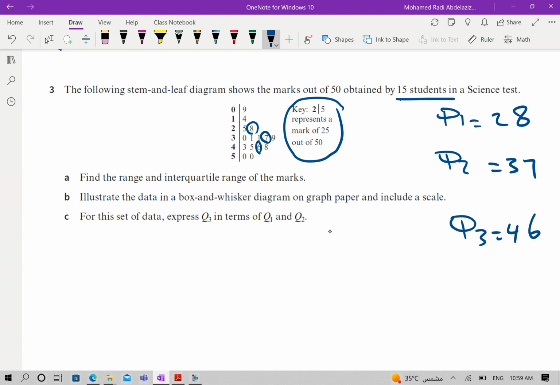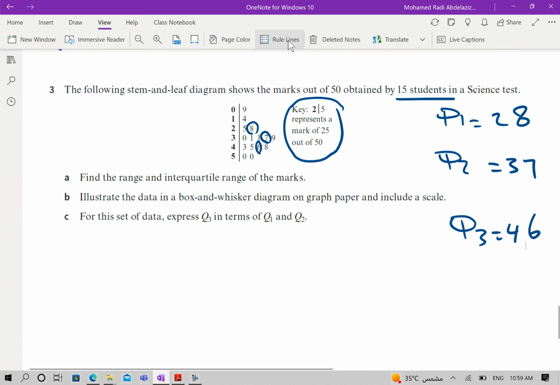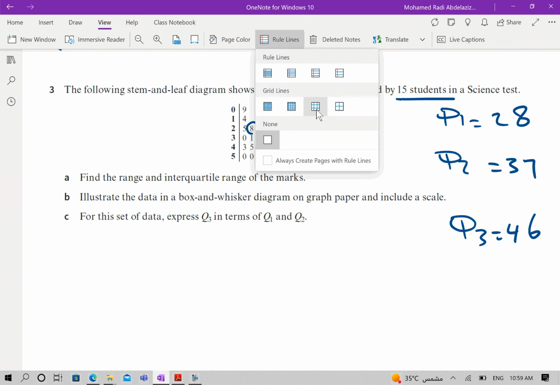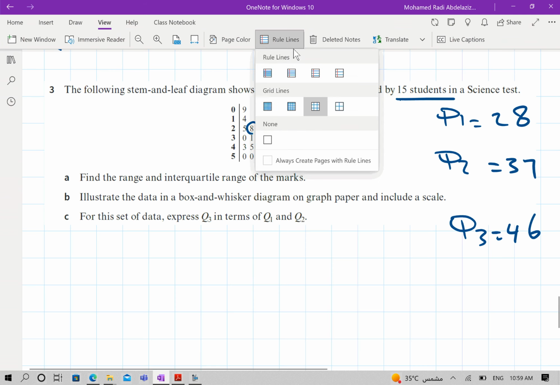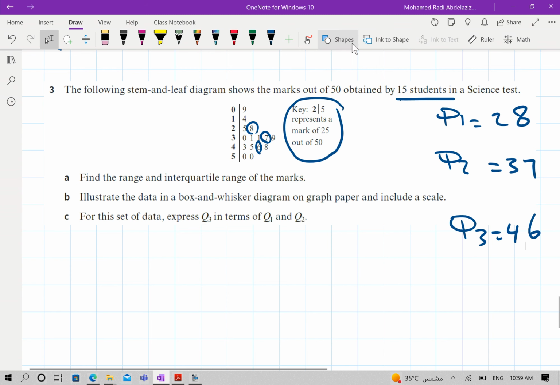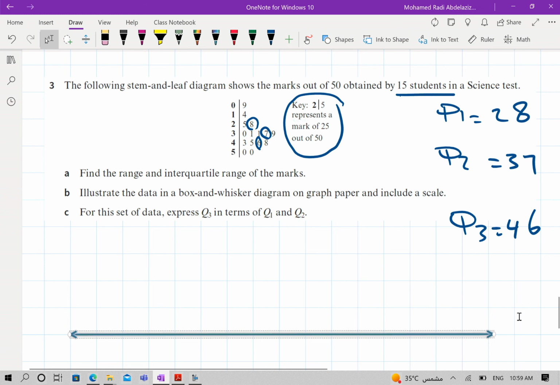Clear? How to plot a box and whisker plot? Just draw a horizontal line. By drawing a horizontal line, you have to use a scale. The values start from 9 and end with 50.